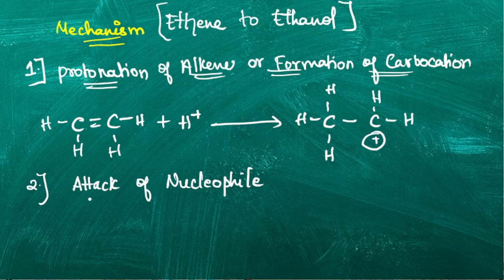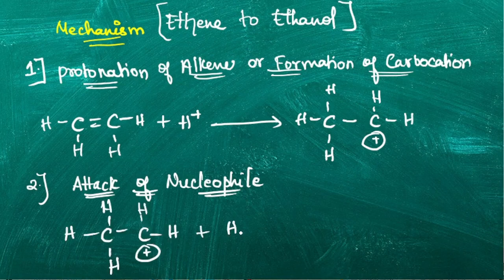In the attack of nucleophile, we take this compound, CH3 and CH2, where the carbocation is formed. To the carbocation, we add the nucleophile, that is water. So H2O will be going and forming something like this.